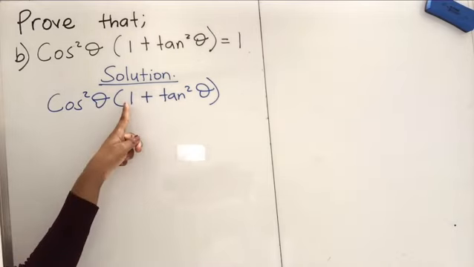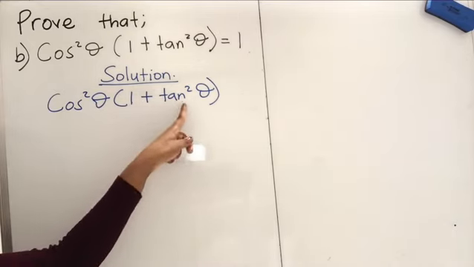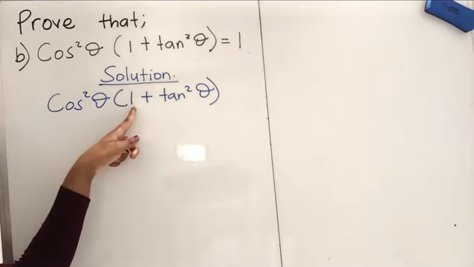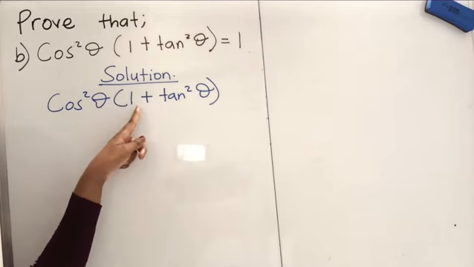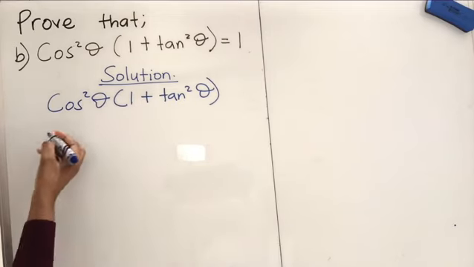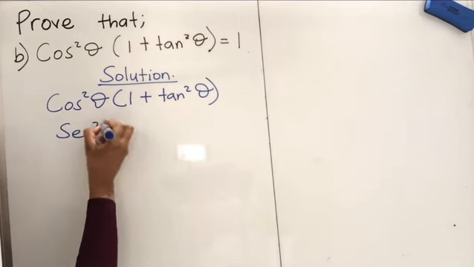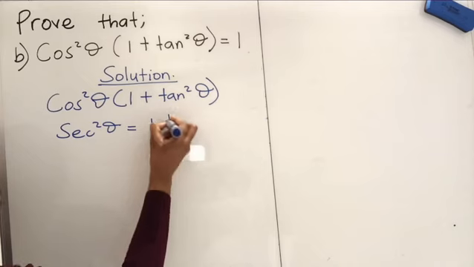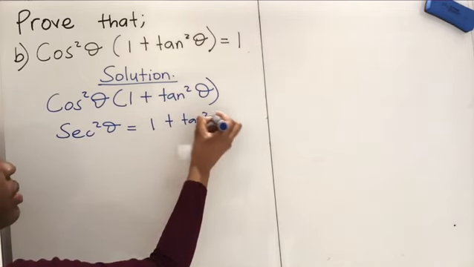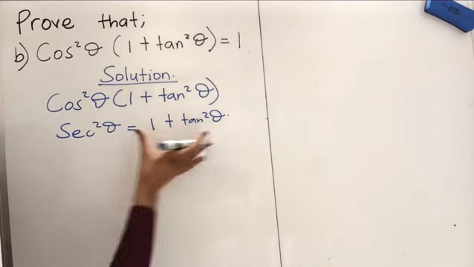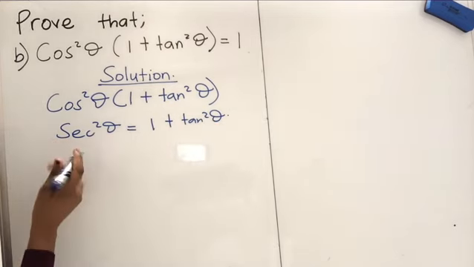In the brackets we have 1 plus tan squared theta. This one comes from the second Pythagorean identity, which states that sec squared theta is equal to 1 plus tan squared theta. So I'm going to replace 1 plus tan squared theta with sec squared theta.